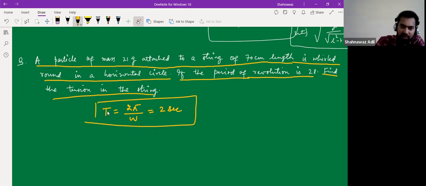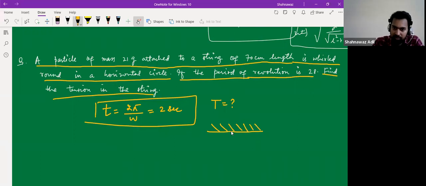Okay, so let's say this is T. And we have to find the tension. Right. So the diagram will be the same. Okay, so this is the tension, right?